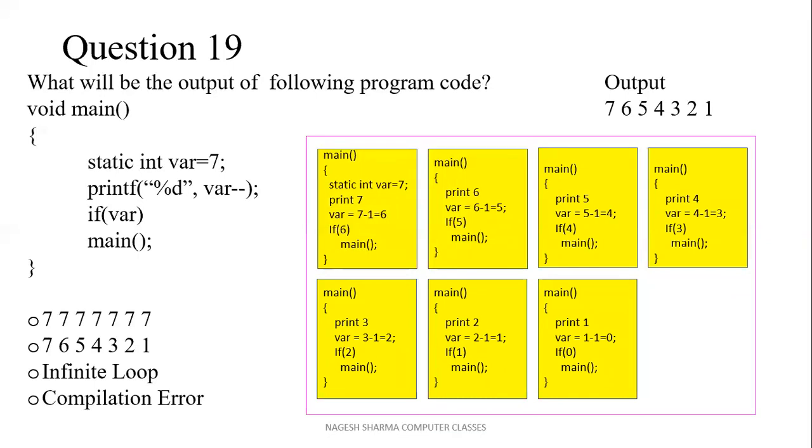Every time it prints some value, the value of var will be decremented by 1. Finally the value of var has become 0, and if 0 is not a satisfied condition, so main will not execute. We will stop here, and the printf statement will produce 7, 6, 5, 4, 3, 2, 1 as our output.